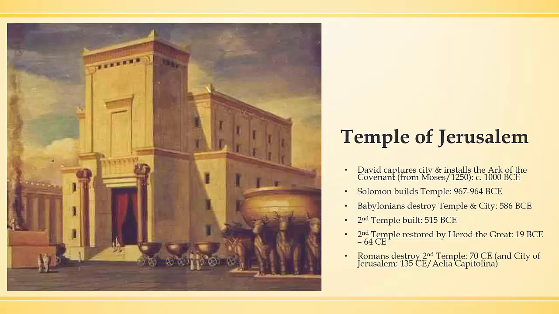They also later on in 135 destroyed the city of Jerusalem, and on the same location built a pagan city, Aelia Capitolina. So all of these bullets are part of the great catastrophe, the loss of their own land promised to Abraham, the loss of the temple, the loss of the king.